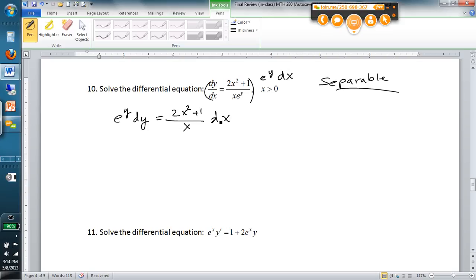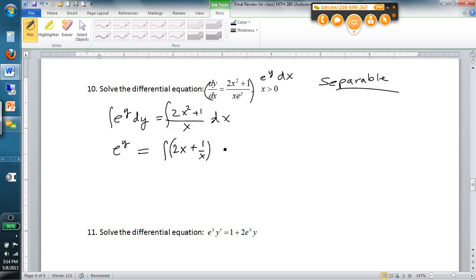And then remember, if we separate them, then we can integrate both sides, which the integral of e to the y dy would be e to the y. And then on this side, any thoughts? How about we break both of those up, divide both of those by x, so that would be 2x plus 1 over x, wouldn't it?